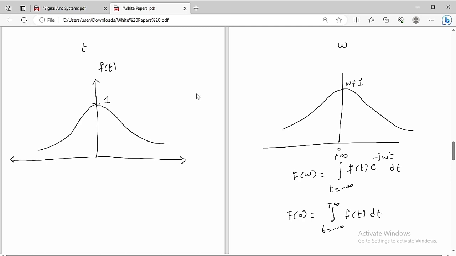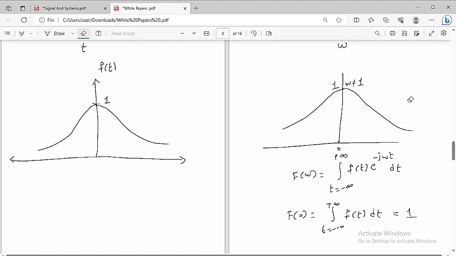The area under the function f of t is nothing but 1. So this is also equal to 1. If this value is equal to 1, then here also the value is equal to 1, because the area under the probability density function is equal to 1. So you can see clearly here also its value is equal to 1 from the concept.